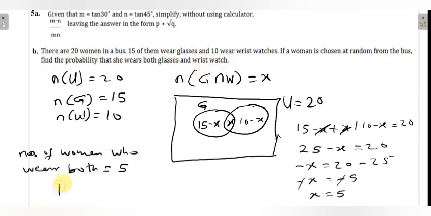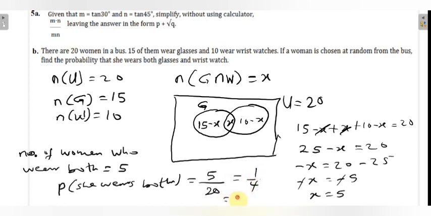So the probability that she wears both is equal to the number of women that wear both, 5, divided by the total number of women present, 20. That's equal to 1/4, or 0.25. So that's the probability for the women that wear both glasses and wristwatch.